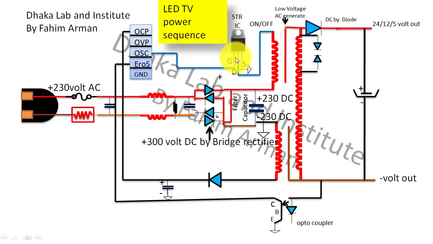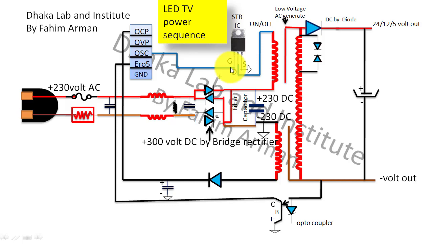But sometimes we will get a 6-pin MOSFET or 6-pin STR IC, and then you will not find that IC on the board, because with a 6-pin IC the driver is available internally.